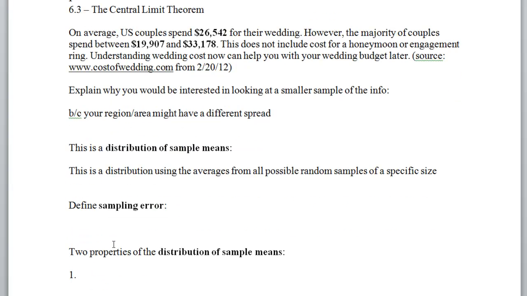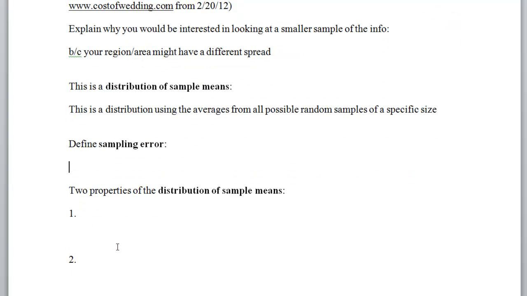Now, you are going to get some sampling error. The sampling error is going to occur because your smaller group is not a perfect representation of the larger group.